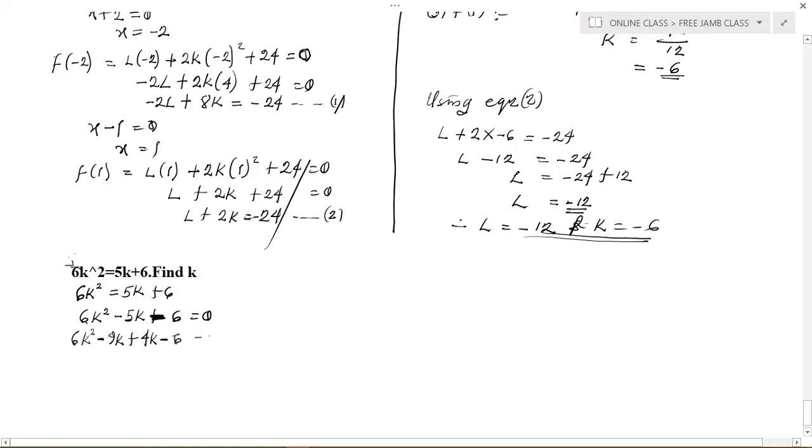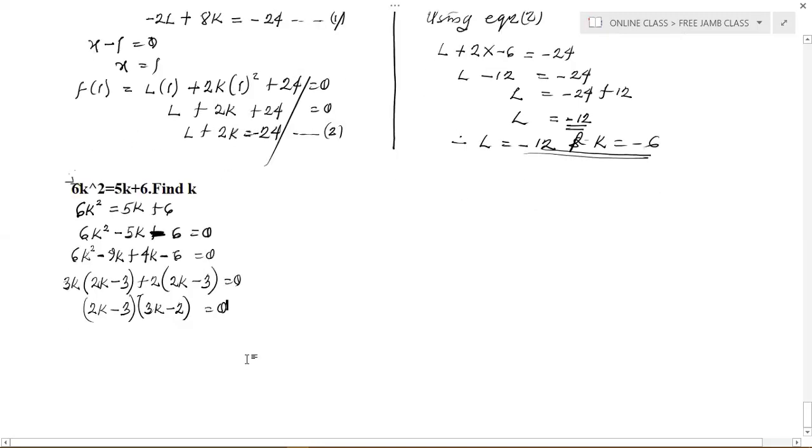So minus 6 here. Here we have 3k common, so 2k minus 3, plus 2 common here, 2k minus 3. You have 2k minus 3 common in the bracket, then 3k outside plus 2 equals 0. And with that, you can easily say that 2k minus 3 equals 0, or 3k plus 2 equals 0.